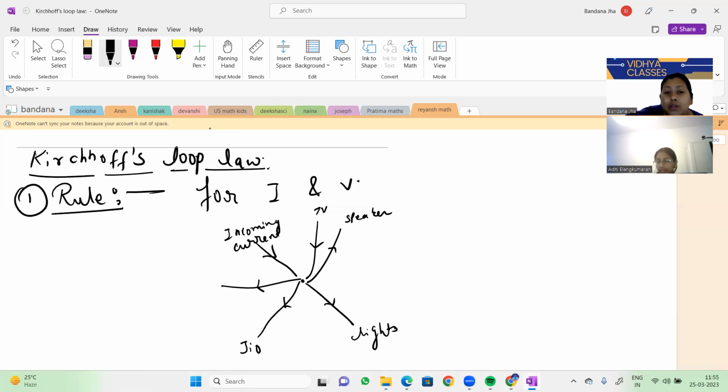Lights, speaker, TV, Jio charger, laptop. So this is your extension cord.